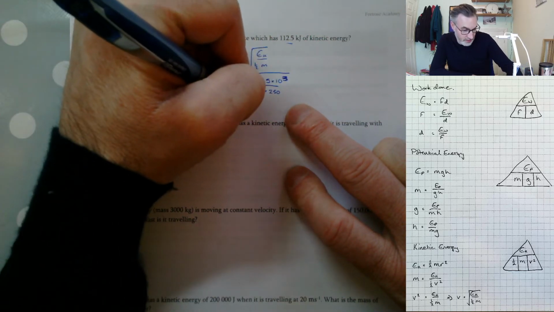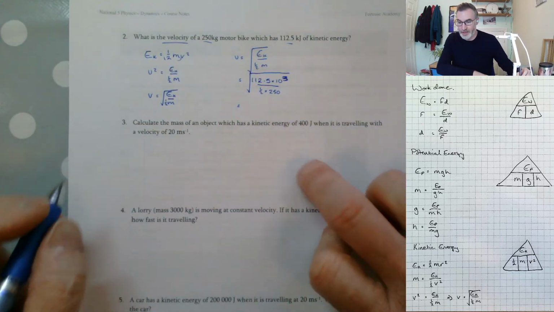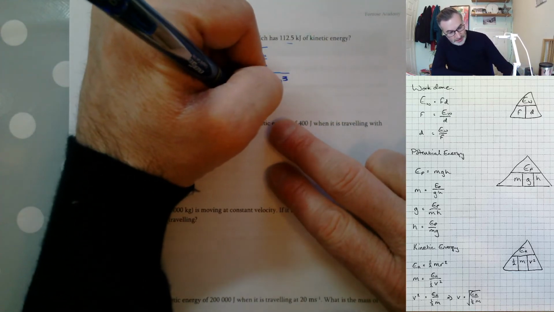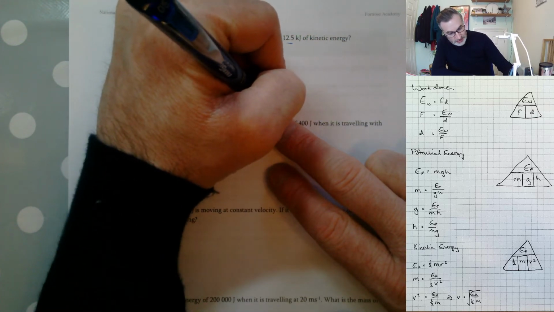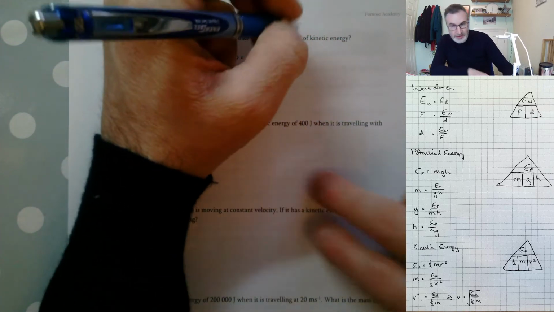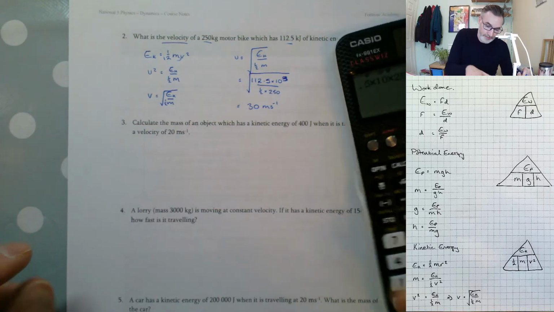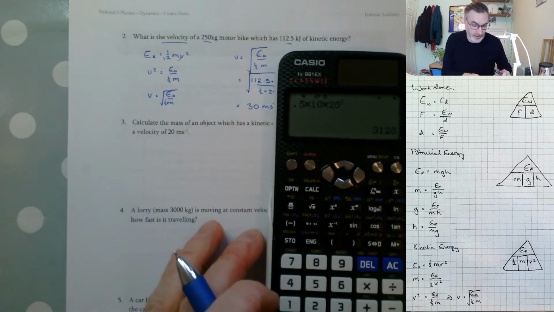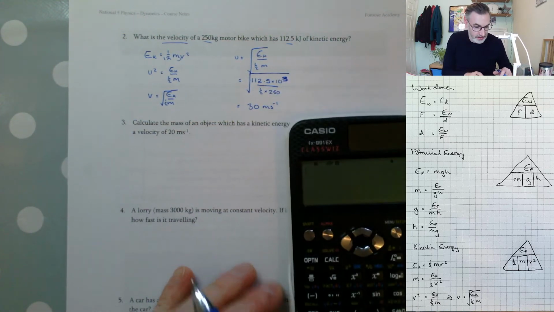Don't forget to square root it. And that will give us 30 meters per second.